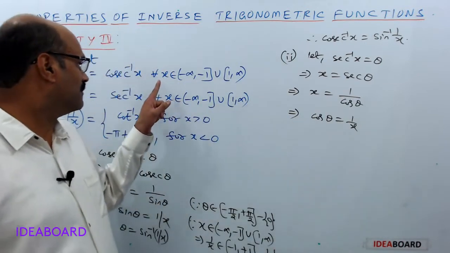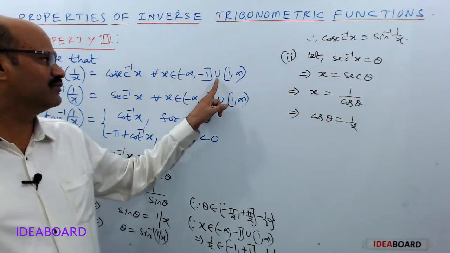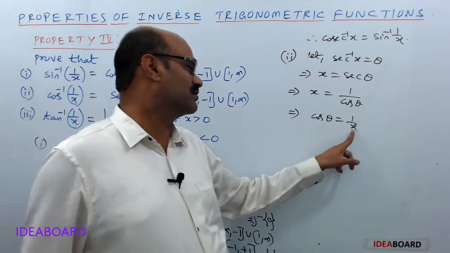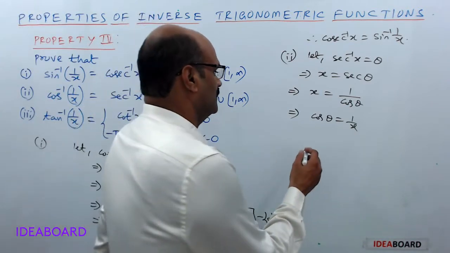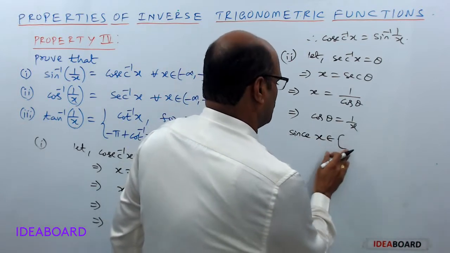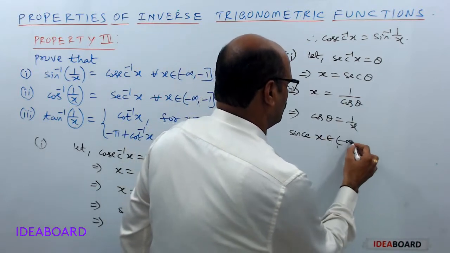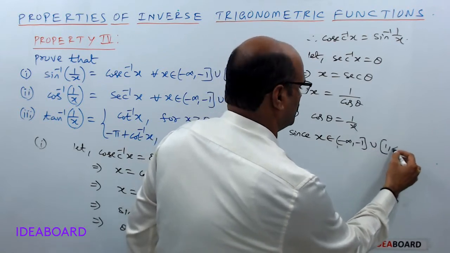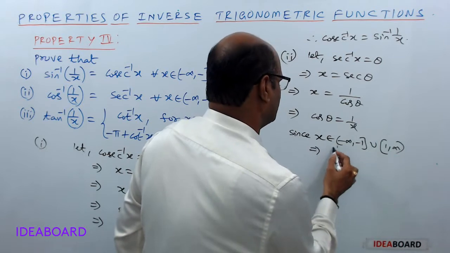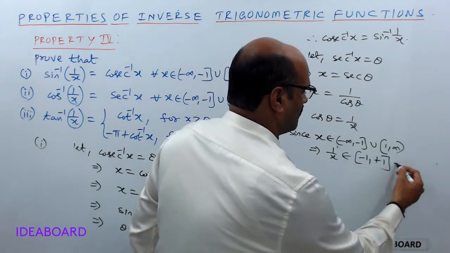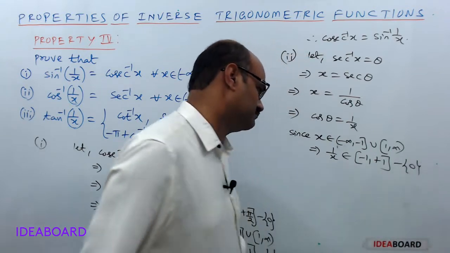Here x belongs to minus infinity to minus 1 union 1 to infinity. Since x belongs to minus infinity to minus 1 union 1 to infinity, it implies 1 by x belongs to minus 1 to plus 1 minus 0.